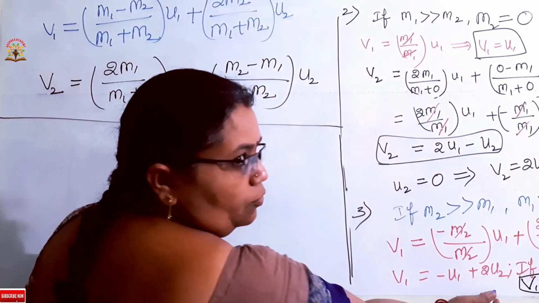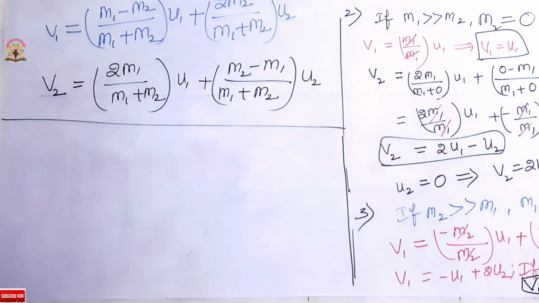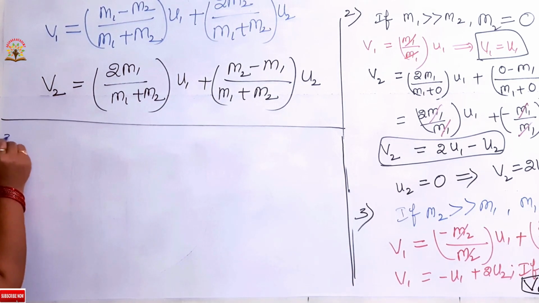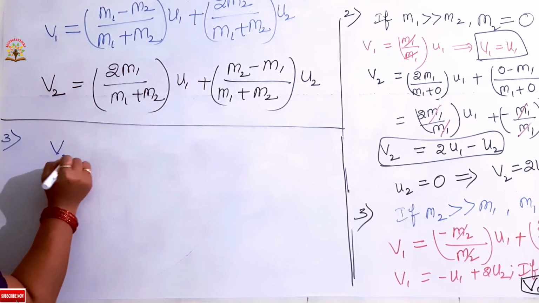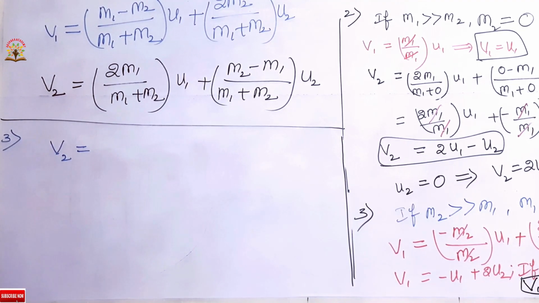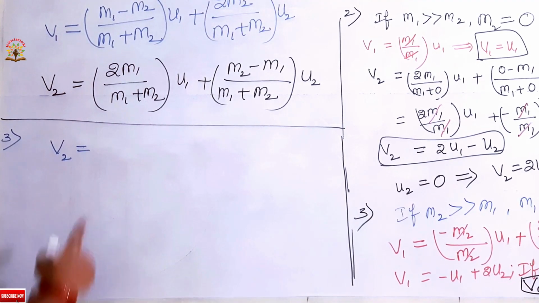After this, we are calculating the V2 value. This is also third case continuation. Now we are finding V2. First, what is the m1 value? 0.